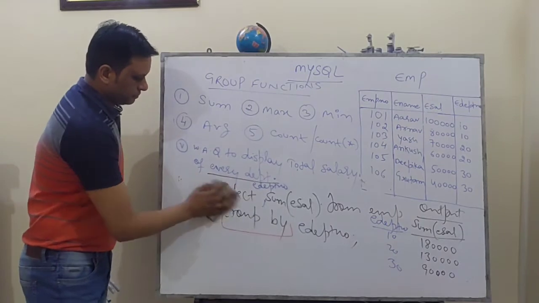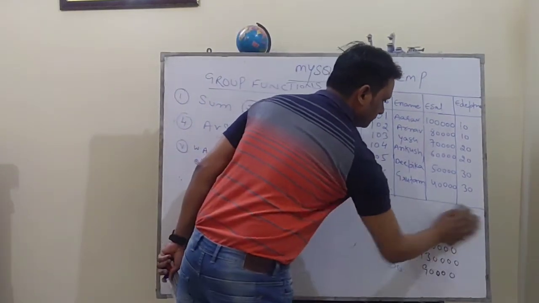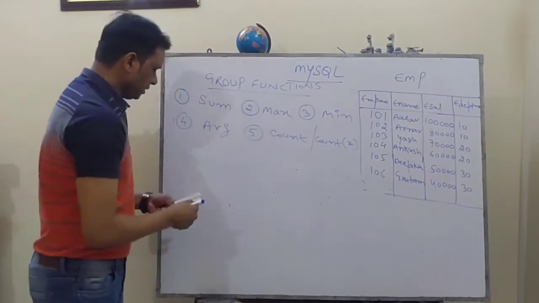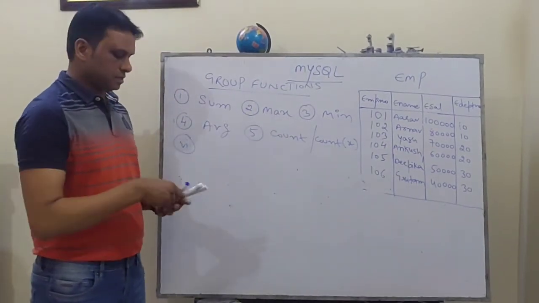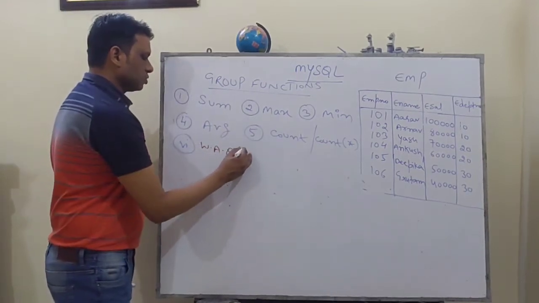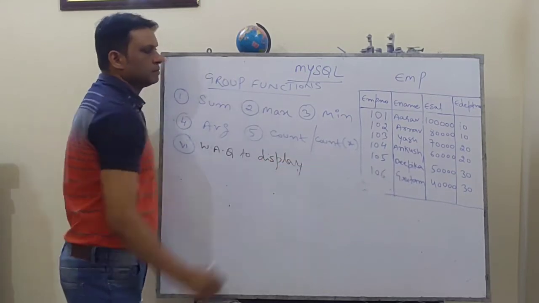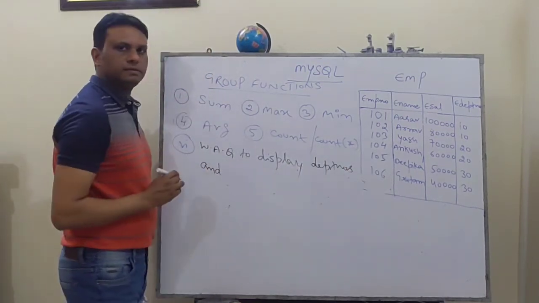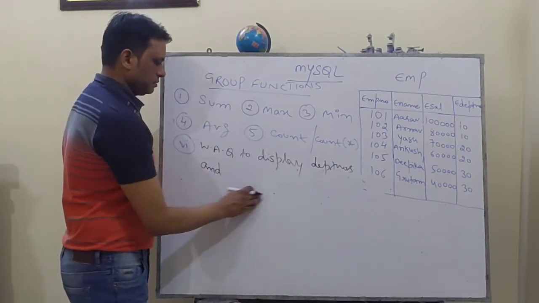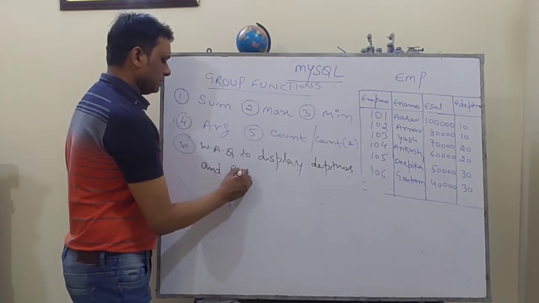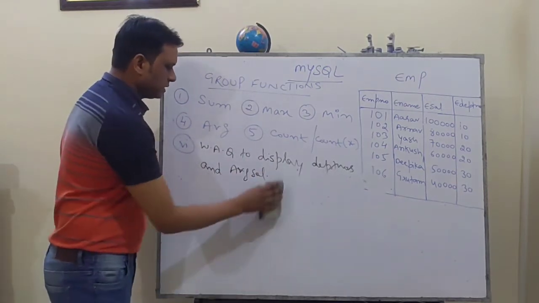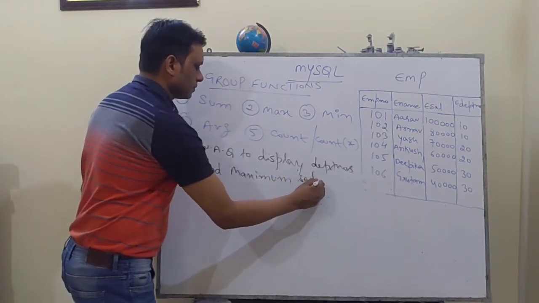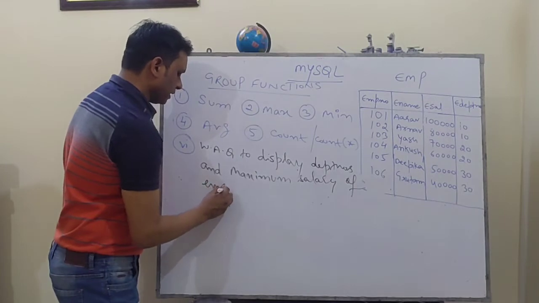Next query. Query number 6. Our sixth query is: write a query to display department numbers and average salary, or maximum salary will do, it will be easier for us to write maximum salary, of every department.